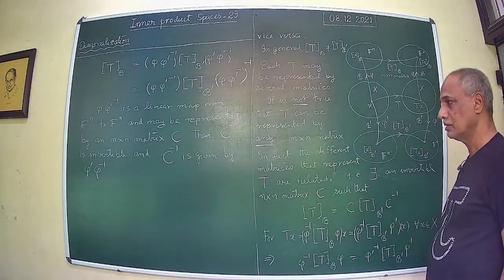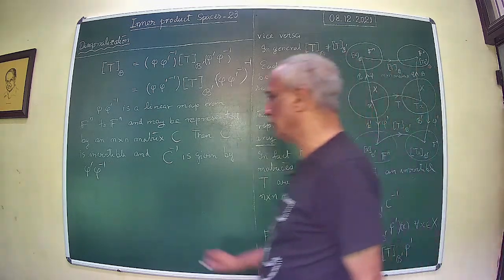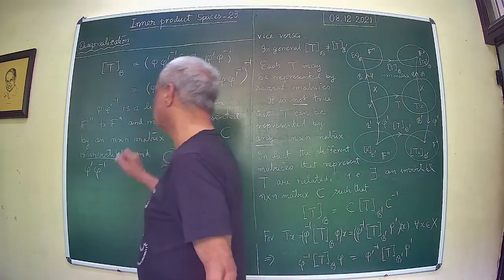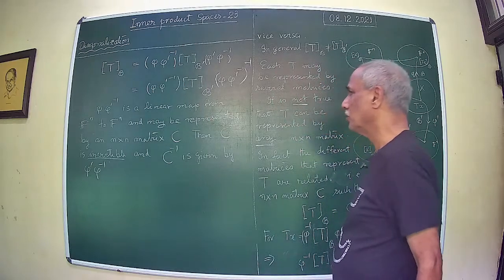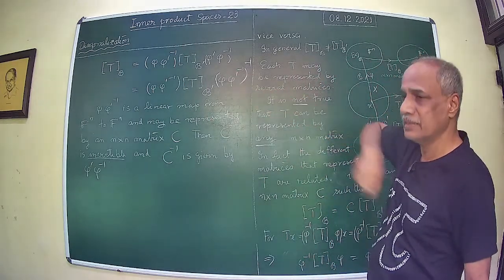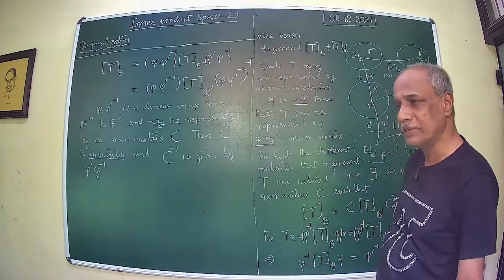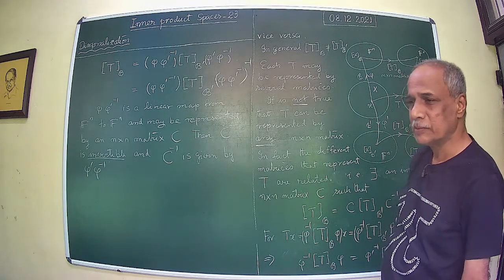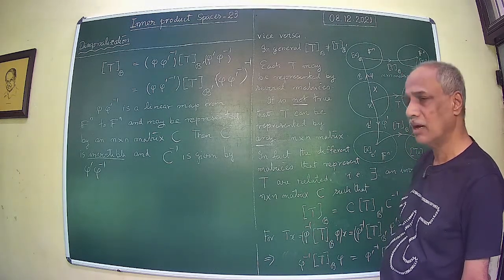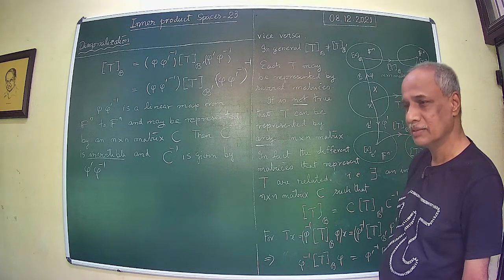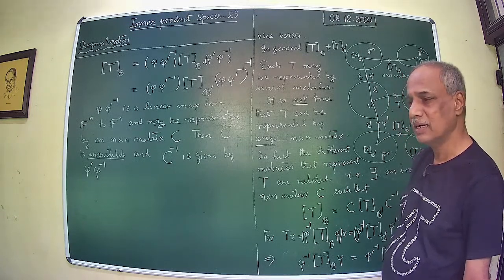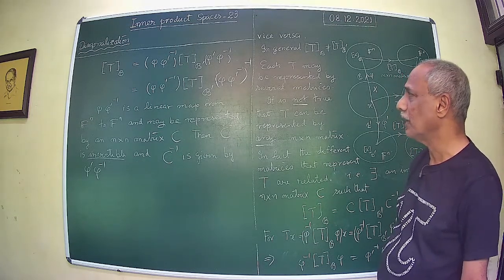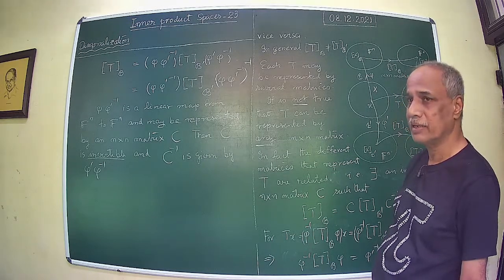Okay, so this is invertible and it is given by this. So two representing matrices of T with respect to different ordered bases are related, and this relationship is what you call a similarity relation.